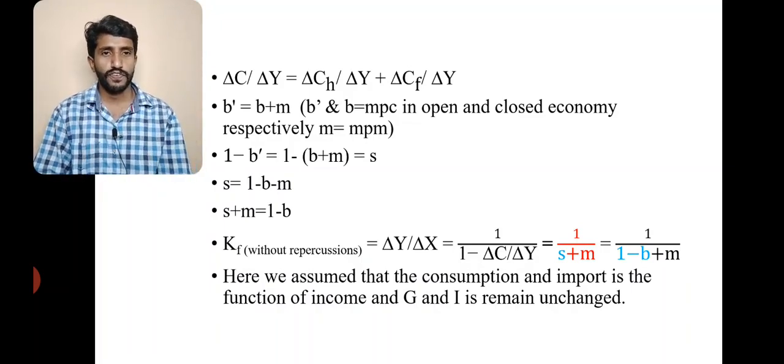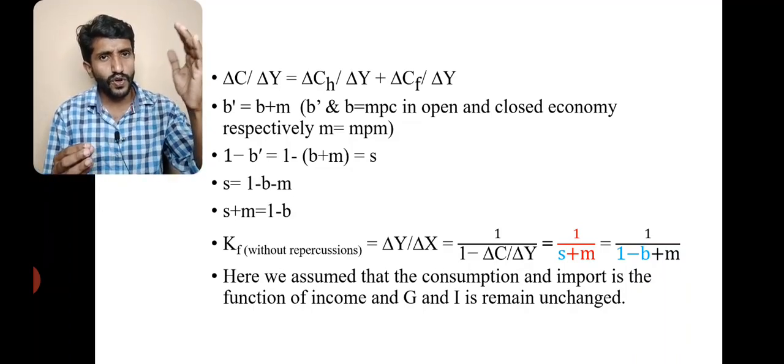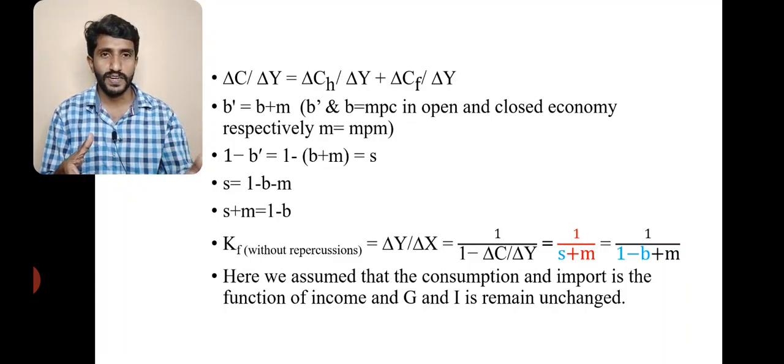So KF is the foreign trade multiplier, but whatever we are talking about now is the foreign trade multiplier without repercussions.